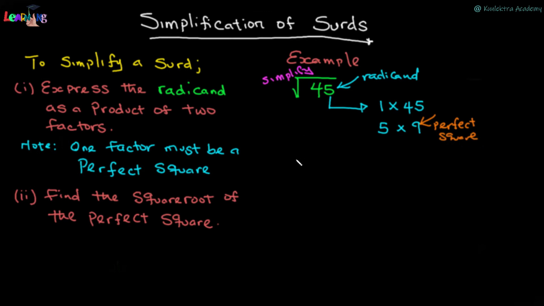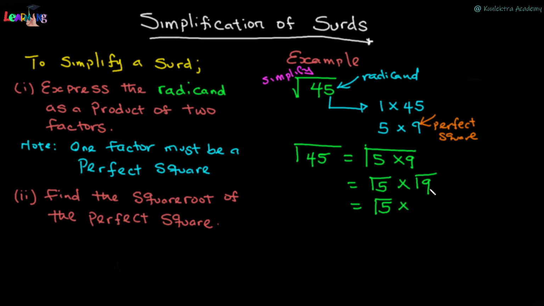From the rules of surd, root 45 can also be root 5 times 9. Now, we are simplifying. This will be root 5 times root 9, which is the square root of 5 times, what is the square root of 9? 3.